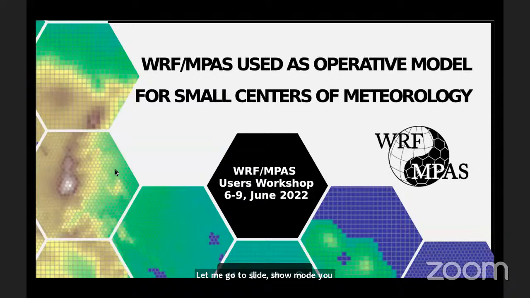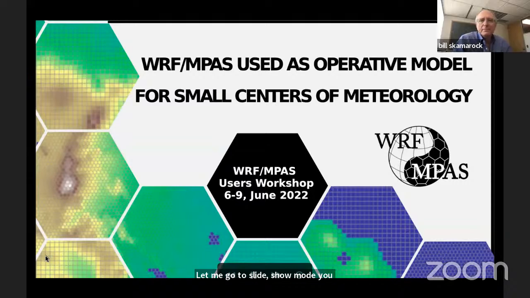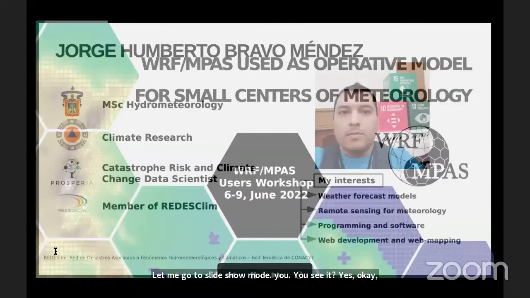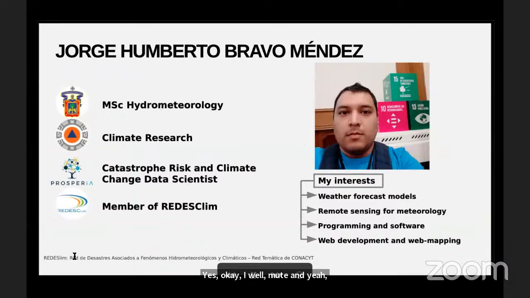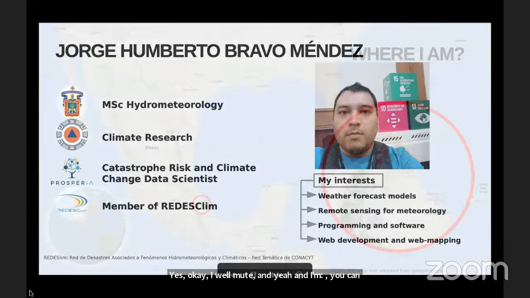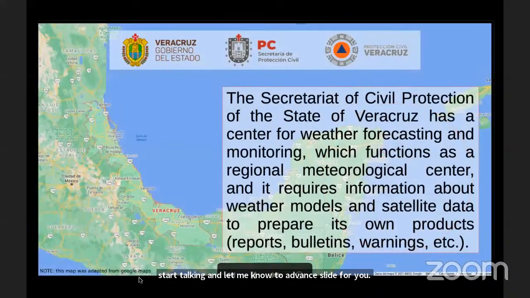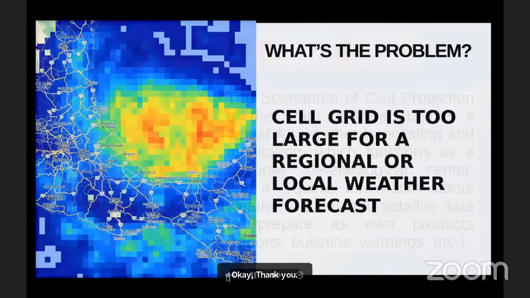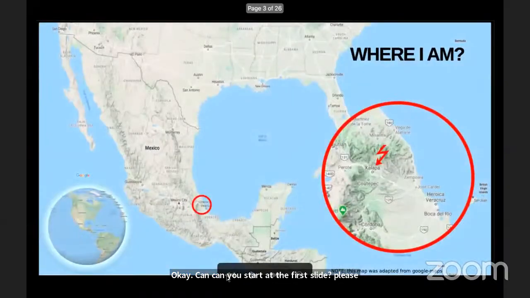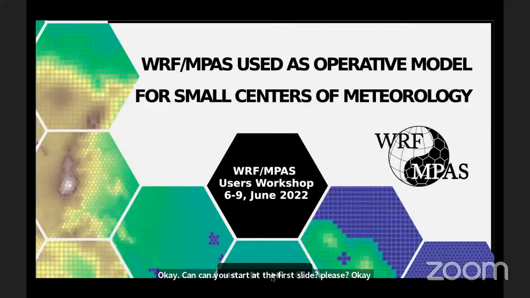You see it? Yes. Okay, I will mute and Humberto, you can start talking and let me know to advance slide for you. Okay, thank you. Okay, can you start at the first slide, please? Okay.